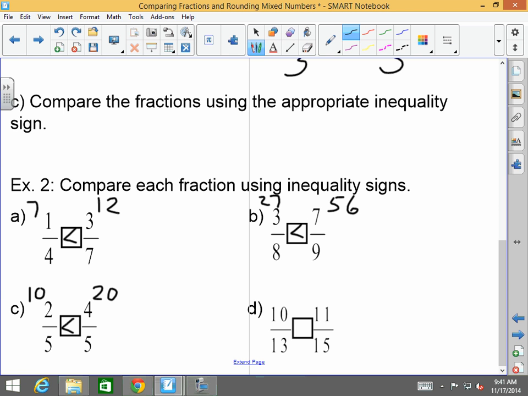What's 15 times 10? 150. Very good. What's 11 times 13? 143. Excellent. So who's larger, 150 or 143? So 10/13 is greater than 11/15. Does that make sense? Gentlemen, you promise.